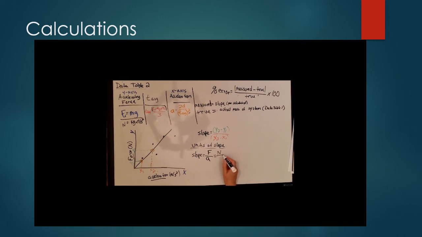Our acceleration is meters per second squared. Okay, so let's take this a step further. What are newtons? To figure that out, I'm going to go back up here and look at force. So force, we said, is measured in newtons, right? But how do we calculate force?